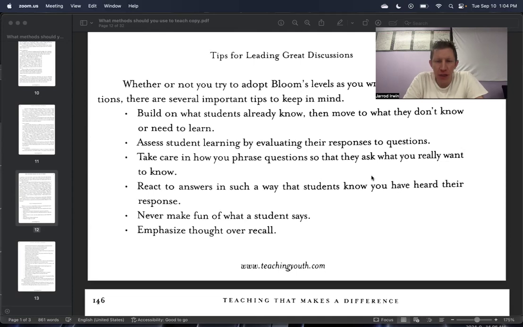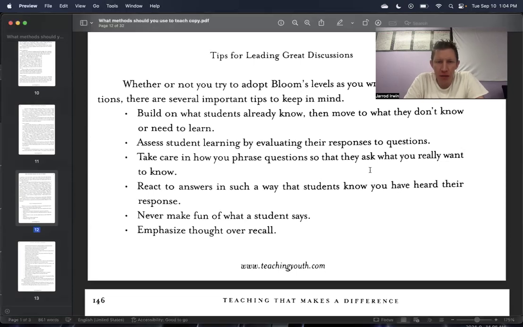Yeah, and I think some of this relates to not just good questions, but in the actual discussion, how do you respond? That is kind of a tricky balance, so make sure they know you've heard their response.